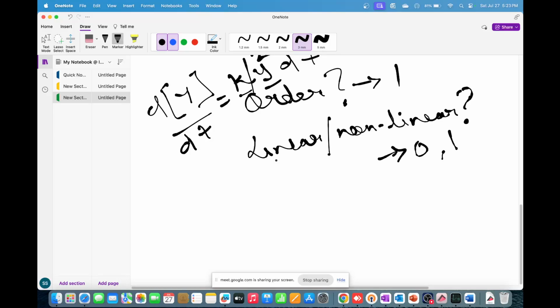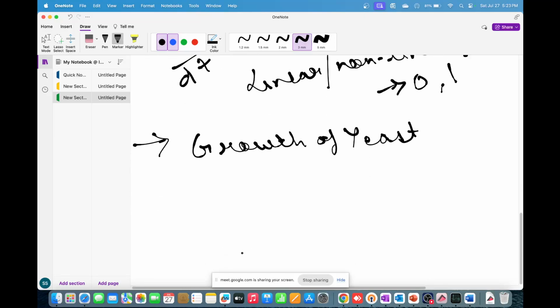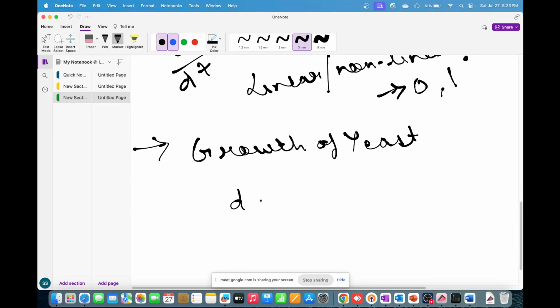So let's solve a question. So for example, I don't remember the question number, I'm just putting it like this here. Okay. So for example, you are modeling the growth of yeast, and it is given by the following equation. So dp dt equal to r into p minus d into p.